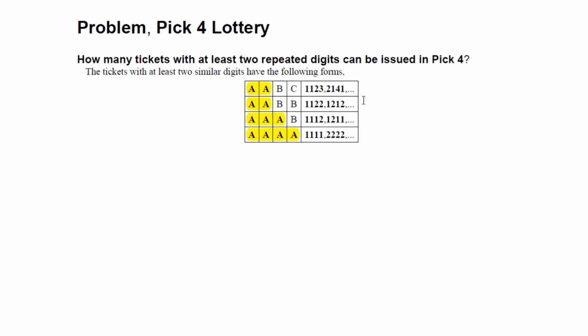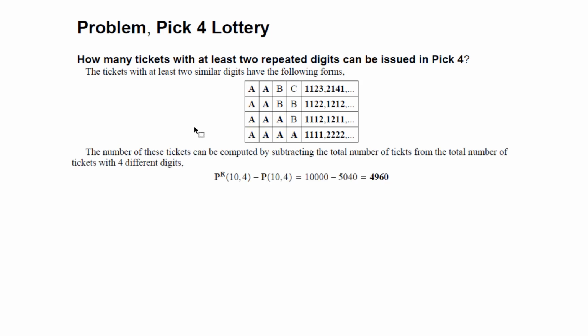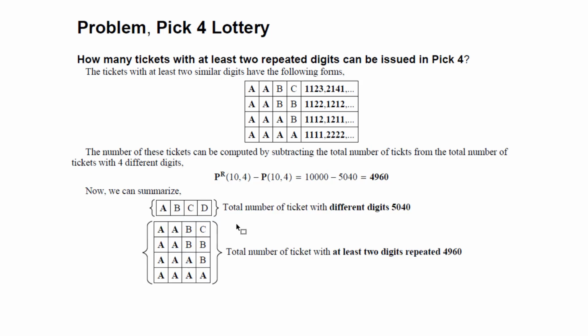So all these tickets have at least 2 repeated digits. So how do we find their number? We subtract the number of tickets with 4 different digits from the total number of possible tickets, and we get 4,960.